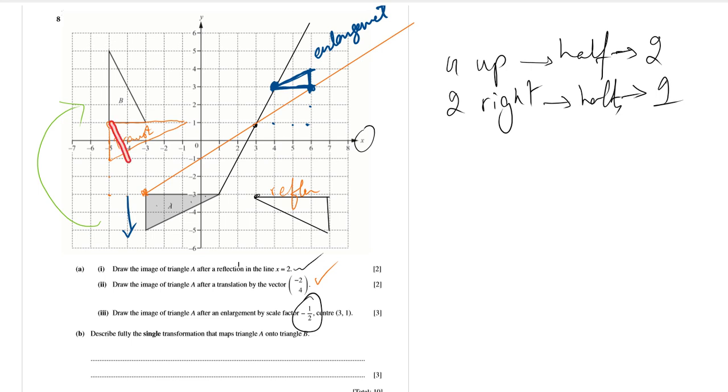If you join these two corners, and this corner and this corner, obviously the lines are crossing. This is not reflection. It has to be rotation.